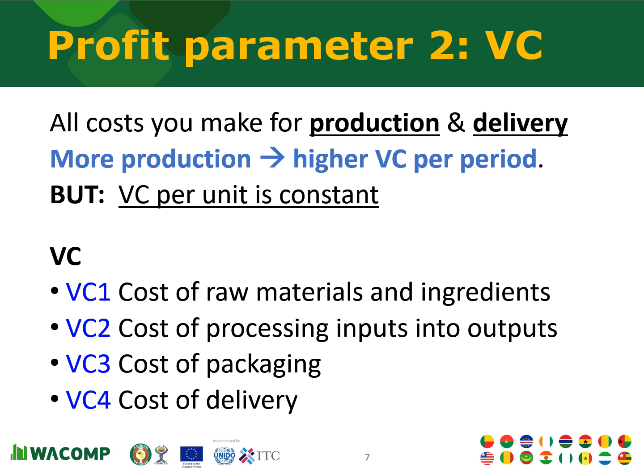Now, to help you remember these VCs, you can see that they follow the flow of production in chronological order. First you buy raw materials, VC1, then you transform them into a final product, VC2, then you package it, VC3, and finally you deliver it, VC4.